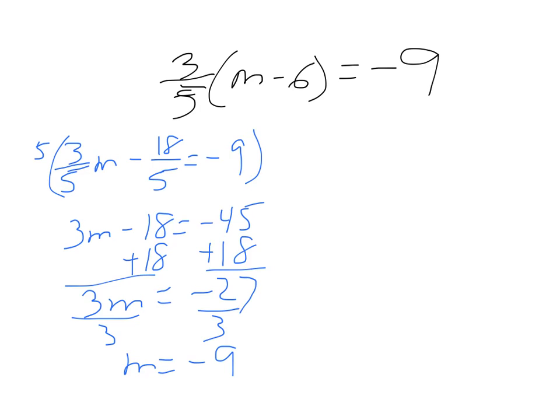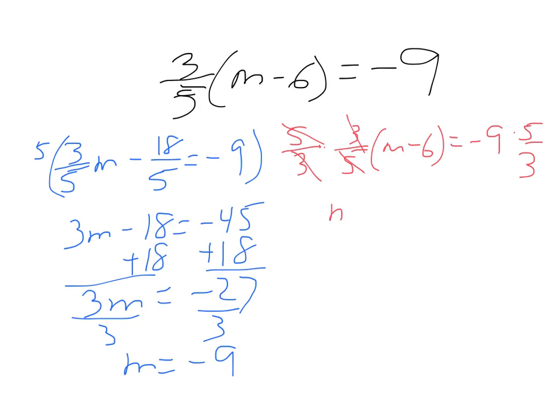But the other thing I could do is, I'm going to write this all out here, I could actually multiply by 5 first to get rid of the fractions, but I don't want to do that. Instead, I'm going to multiply both sides by 5/3. The 5's cancel out, the 3's cancel out, and I get m minus 6.